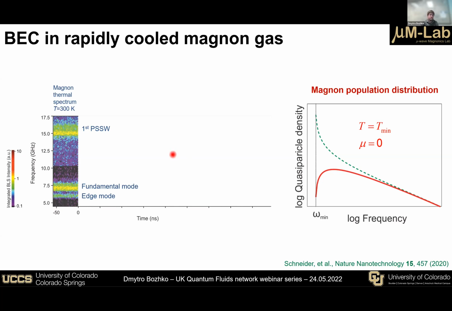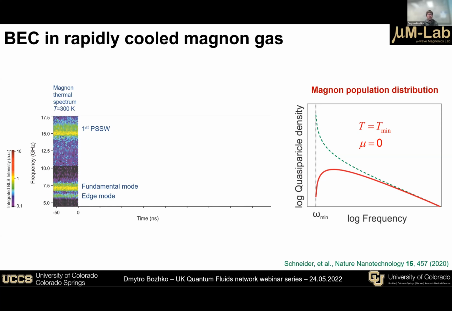What we essentially have here is a thermally populated spectrum. In the thin film, in a waveguide, we have some edge modes and some thickness modes of the spectrum.